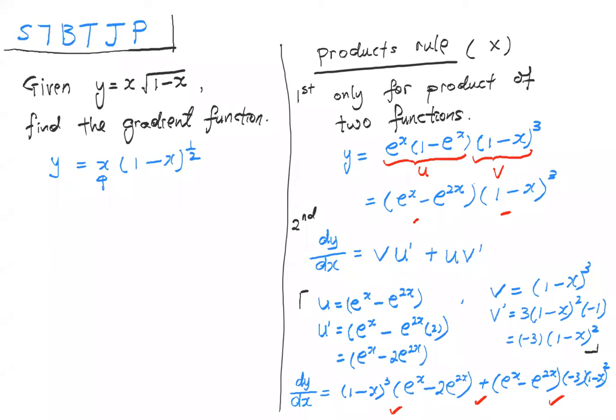So this is your u and this is your v. Okay, so apply product rule and see whether is it easier to simplify. Try. I will go around and check on you. So that is the reason why this question I don't choose product rule.